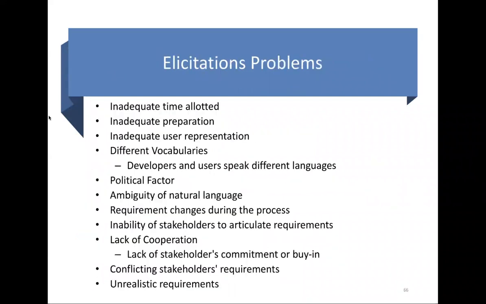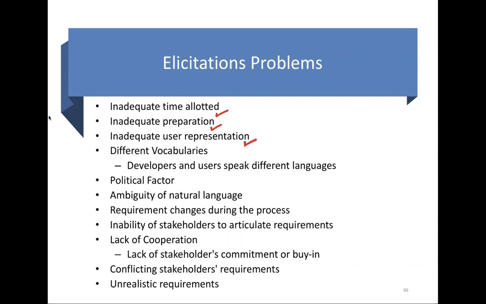Problems that occur in the elicitation phase include inadequate time allotted. The preparation was not done in a well established plan. The user representation was not adequate as well.